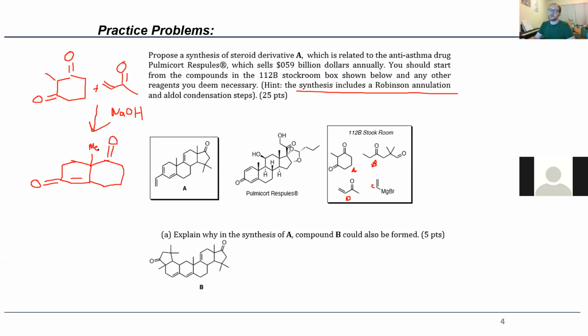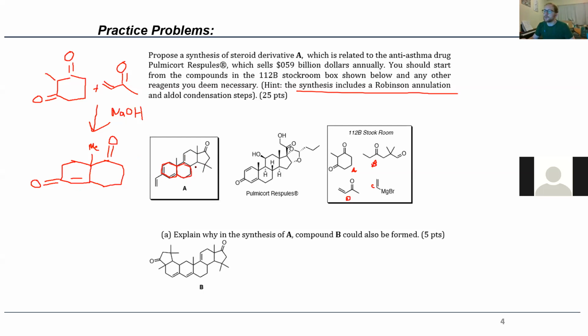Okay, so that was the Robinson annulation step. If that is confusing to you, if you have trouble with that, please look up the Robinson annulation. Very important reaction. And so when I look at this 6,6 system with this methyl group here, I can recognize that it maps on very well to this portion of the molecule.